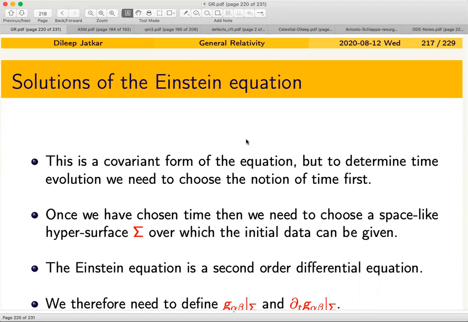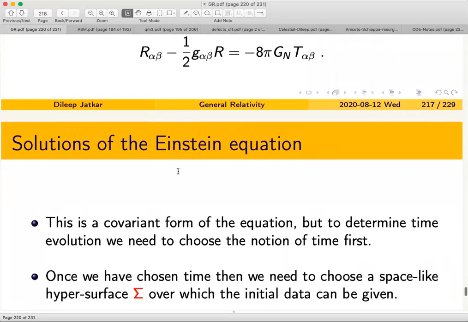If you are looking at a three-dimensional hypersurface in four-dimensional space, then the normal to that hypersurface is the vector which defines it. What we want to do is look at a hypersurface to which the arrow of time is orthogonal. Clearly, if the surface is orthogonal to the time direction, then that surface is typically called a space-like surface. It's called a hypersurface because a surface is typically two-dimensional, and we want to define a three-dimensional surface. That's a hypersurface, and what we want to do is give initial data on this surface.